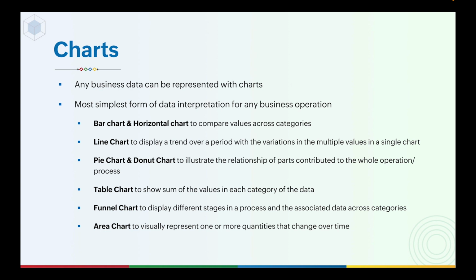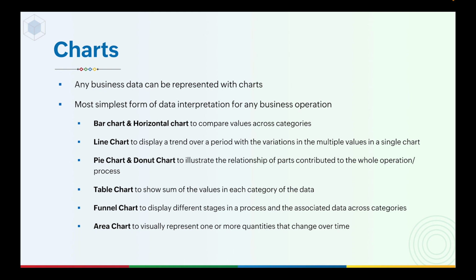Since Zoho CRM allows a range of chart types, you can select from the mentioned list based on your business requirements. Bar chart and horizontal chart: to display two or more kinds of data, can be used to compare values across categories. The line chart: you can use this to display a trend over a period with variations in multiple values in a single chart.